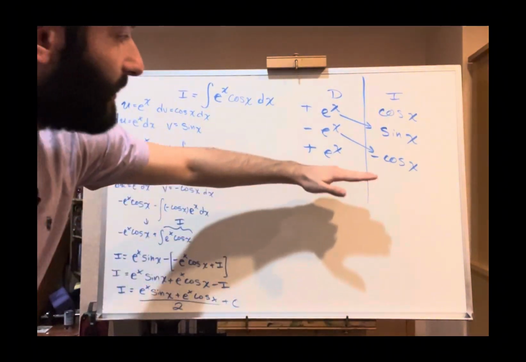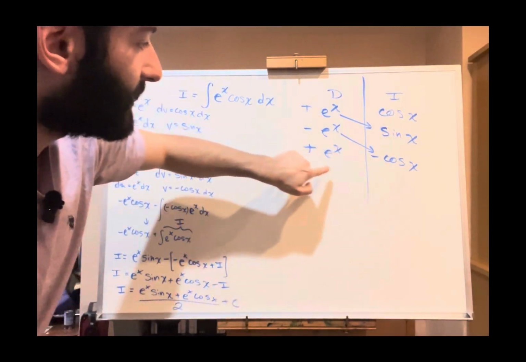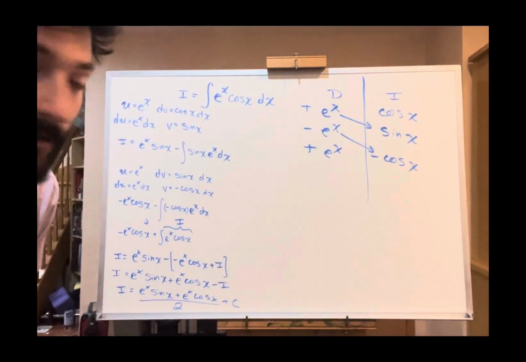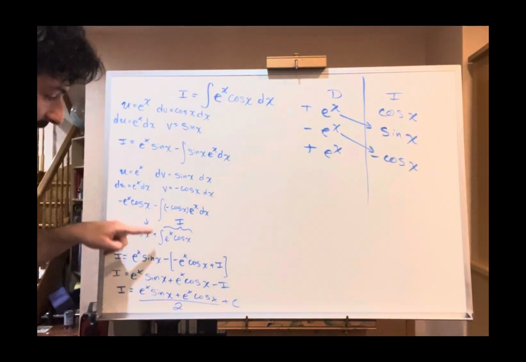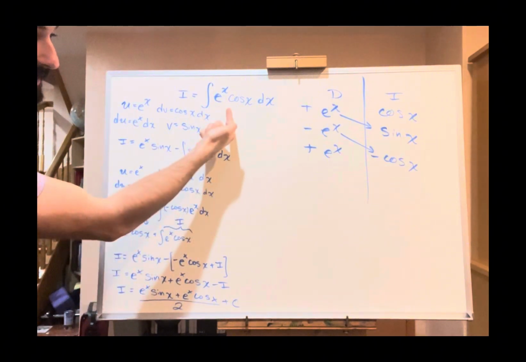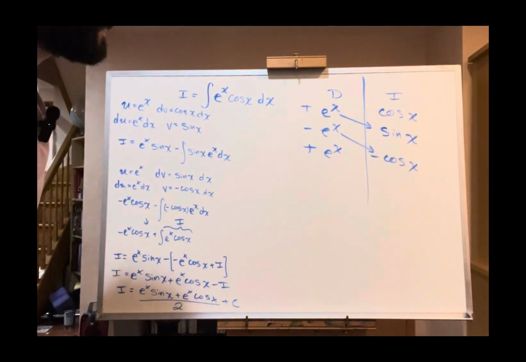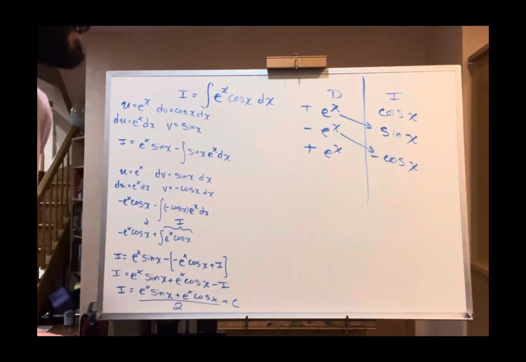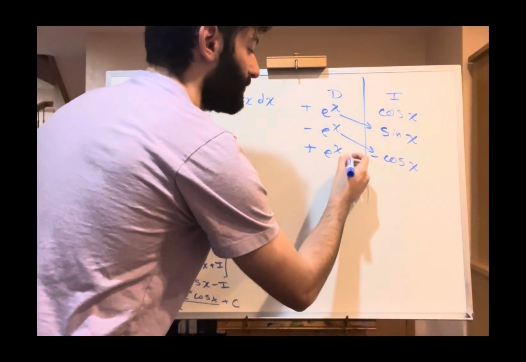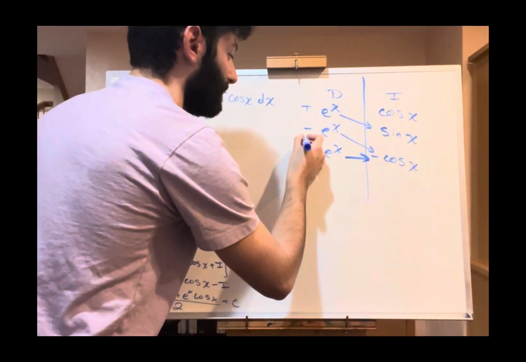Notice if we multiply these two terms together, we arrive at the I we initially started with. And that was the whole point of the integration by parts, to arrive back at this e to the x cosine of x.